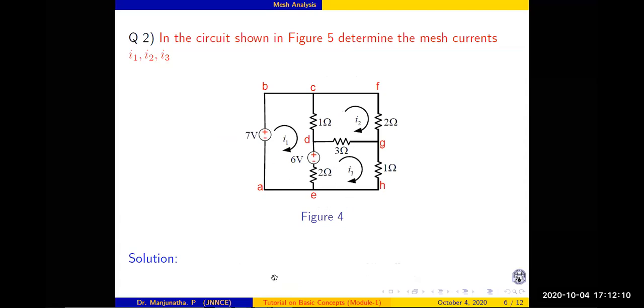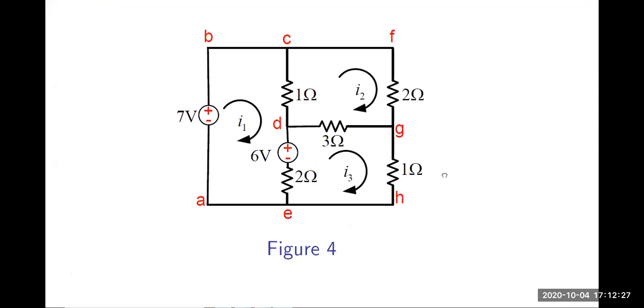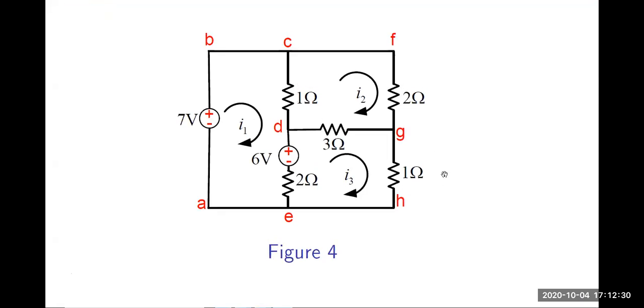Now I will disconnect and again connect back to you. By that time, note down this circuit diagram and try to write the mesh equations. All of you note down this circuit diagram and try to write the mesh equation. I will explain again. All of you please make it fast.